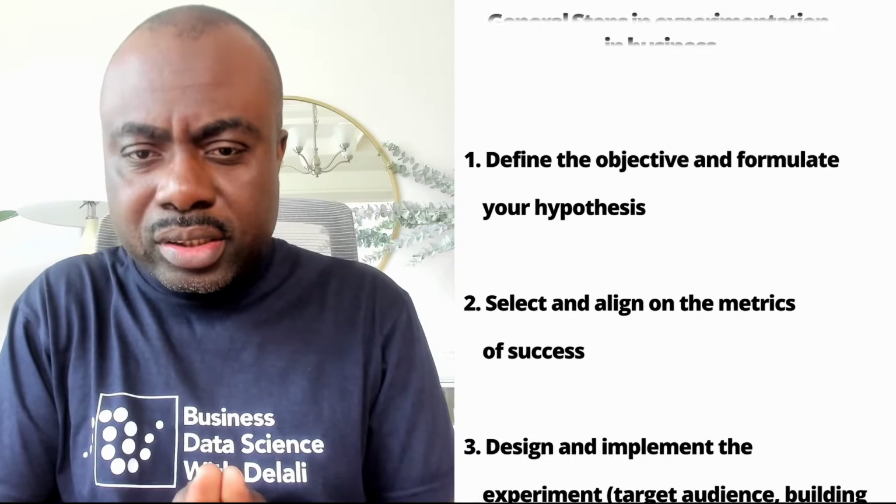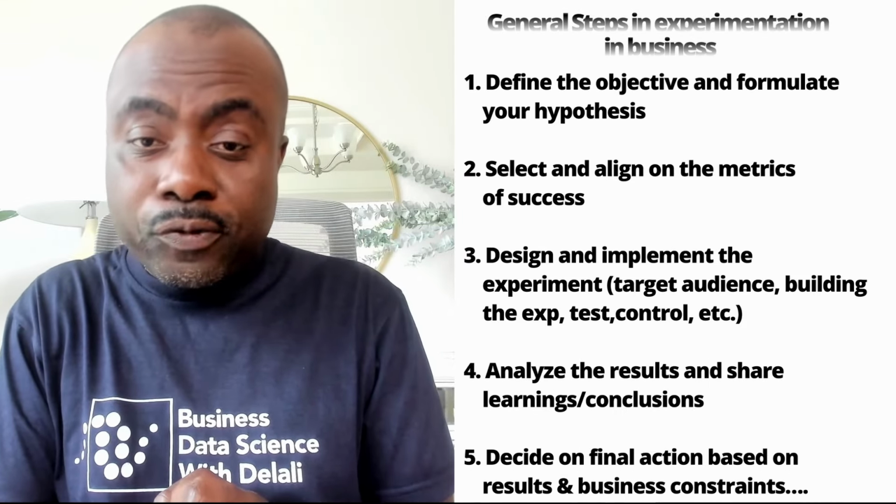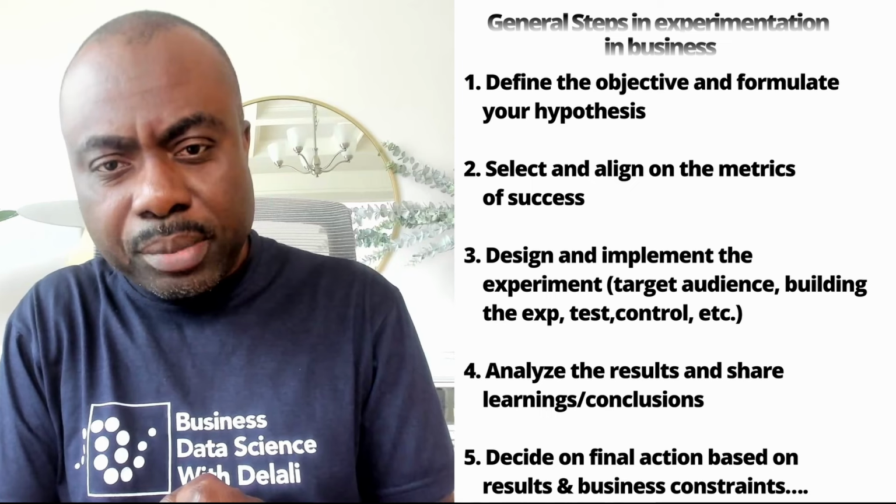Last video, where we introduced experimentation in business, we highlighted the 5 general steps taken in the business experimentation process. If you remember correctly, these steps are: number 1, defining the objective and formulating the hypothesis of the experiment.